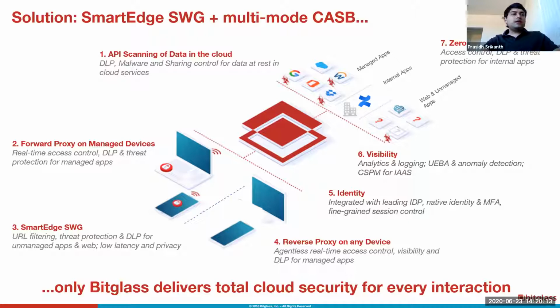Now, the third thing that I want to touch upon with emphasis is our smart edge SWG. I'll go a little deeper down the line, but just a quick high level: the ability to do URL filtering. At a global level, you can enforce access controls and block or allow certain categories of applications. As an example, it could be a productivity suite, malware applications, gambling sites, a different set of categories based on which you can enforce policies.